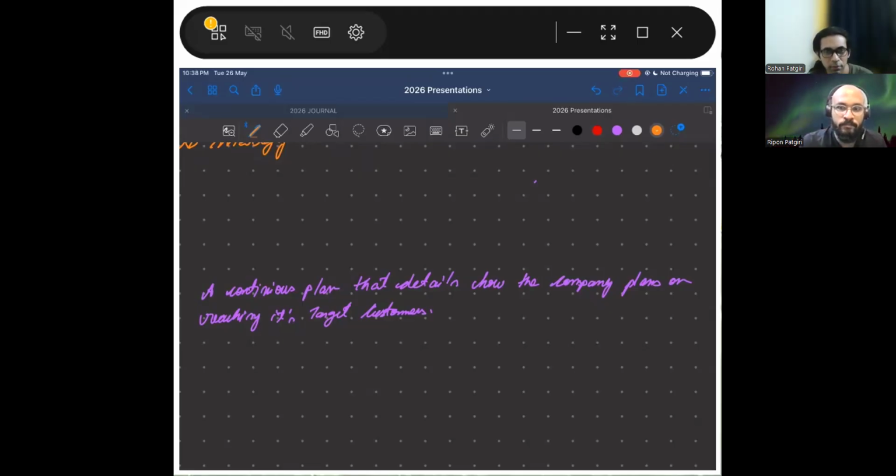But then I realized no, a product launch campaign is a subset of the go-to-market strategy. So go-to-market strategy ideally remains for the entire lifetime of the product, as long as the product exists. I think that's usual for most products, because normally what would happen is that if you just launch a product with a lot of fanfare and then you completely cut off marketing and advertisement, then people will soon forget, because other companies will not reduce their marketing efforts.